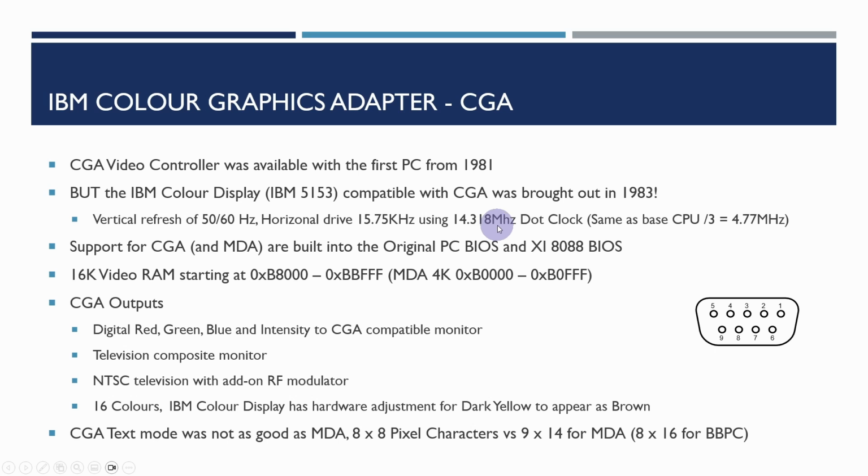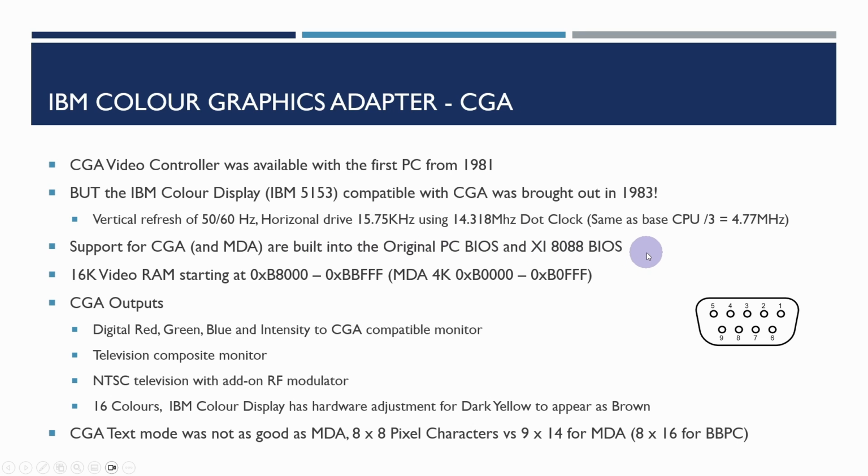That is the same dot clock that's used for the PC and PCXT system clock, and in fact when that clock is divided by 3, this is where you get your 4.77 megahertz system clock from for the early PC and PCXTs. So support for CGA and the monochrome display adapter MDA are actually built into the original PC BIOS and the XI8088 BIOS.